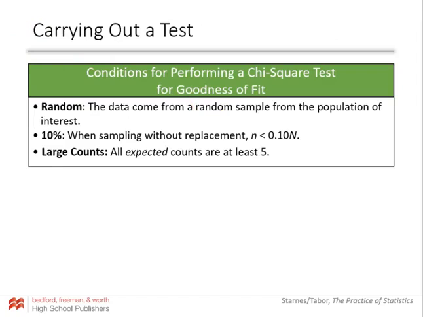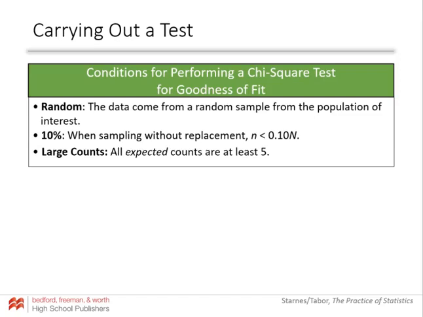All right, so now that we know what the chi-square distribution is, we can use it to conduct a hypothesis test. Just like before, we've got 3 conditions: random sample, the 10% condition, making sure our sample is less than 10% of the population, and then for the large counts, all of the expected counts have to be at least 5.